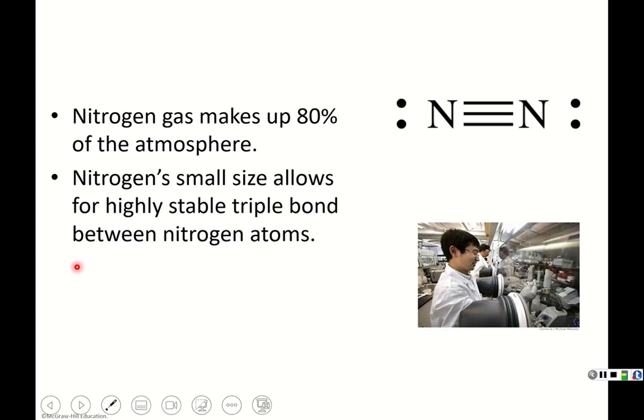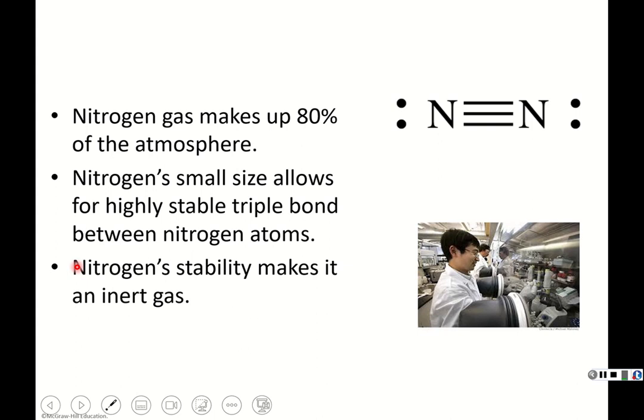Much like carbon and oxygen in the next group, which we'll see, they can do this type of multiple bonding. Nitrogen's stability makes it an inert gas, so it's not very reactive at all, which is why we call this an inert gas.